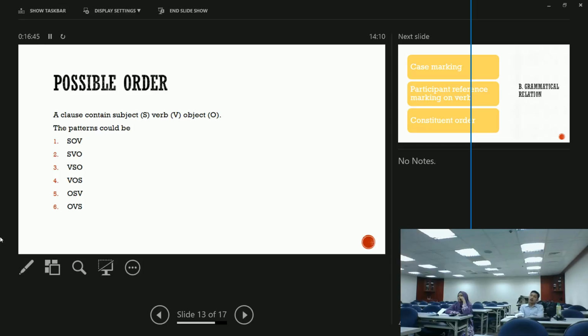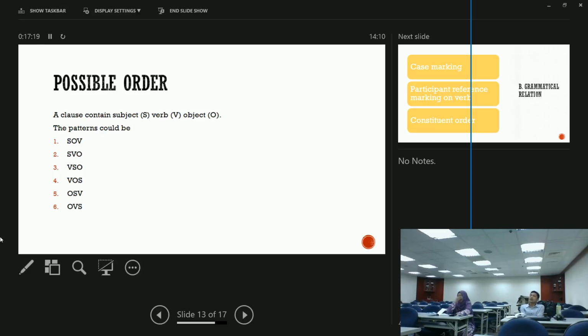And the clause can be he looks. And the sentence, he looks like a smart boy. This is the chronological order.